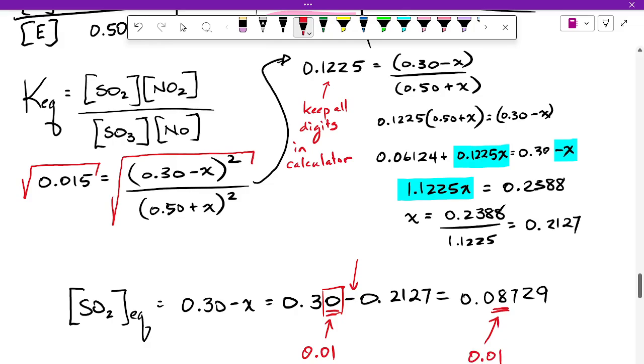Which means our final answer will be what? 0.09 molar. Is that good? Okay.